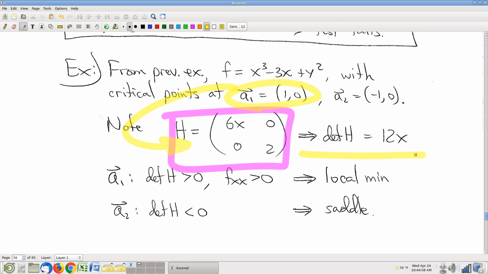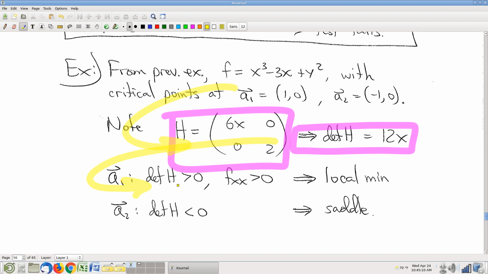The determinant is, let's see here. Here's the Hessian determinant. It's always that formula. But you plug in that point. That Hessian determinant is positive. X is positive. That makes that determinant positive, which is good news.